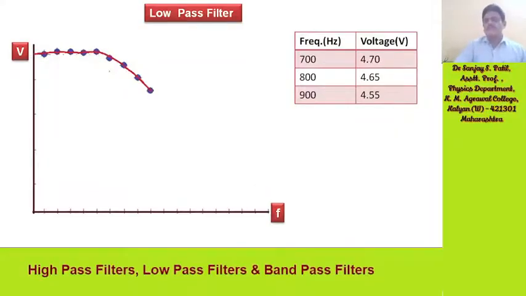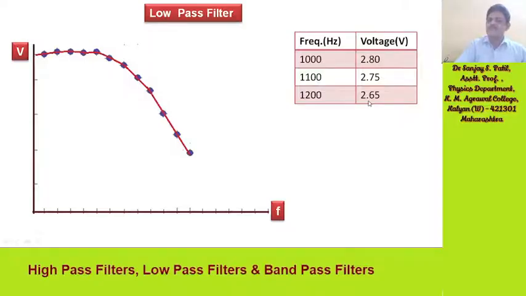Further, for 700 Hz 4.70, for 800 it is 4.65, for 900 it is 4.55 volt, for 1000 Hz it is 2.80, for 1100 Hz 2.75, and for 1200 Hz it is 2.65.